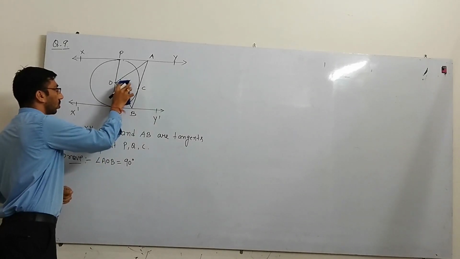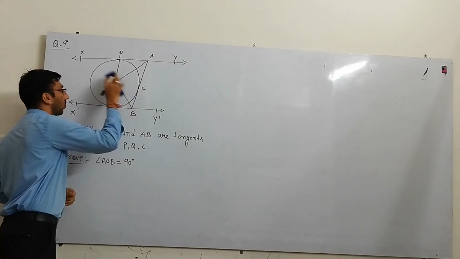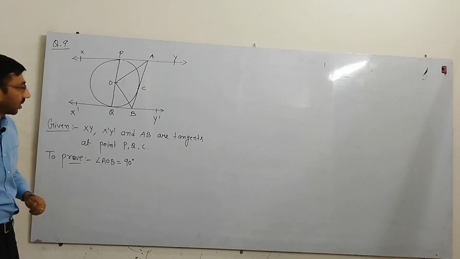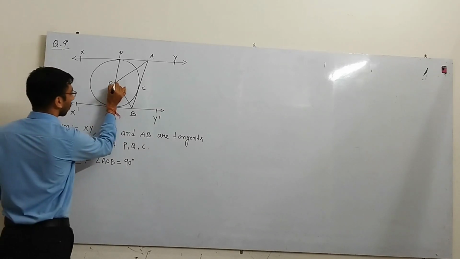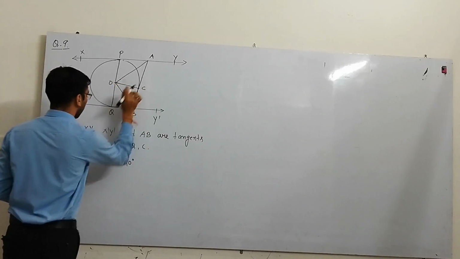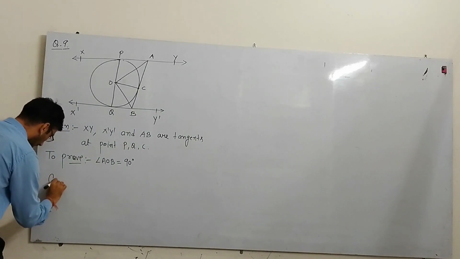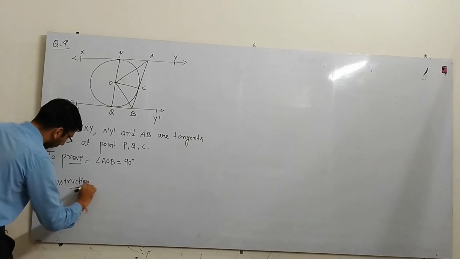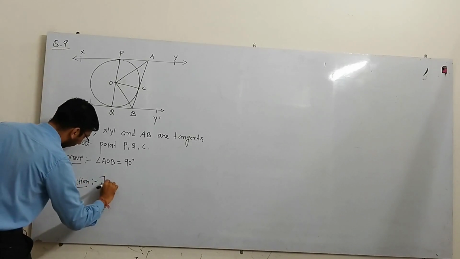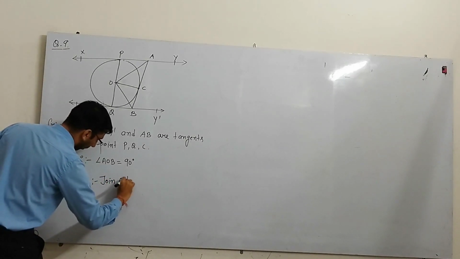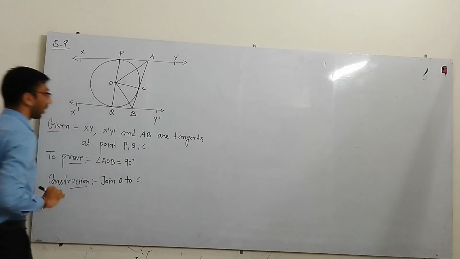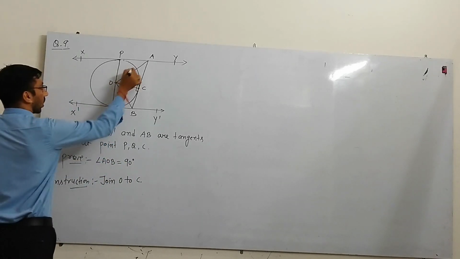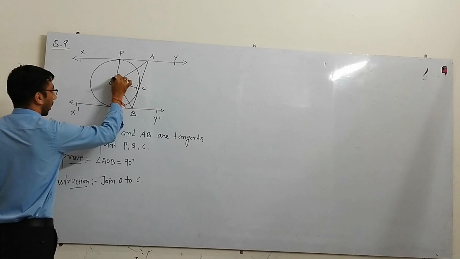So to prove this angle 90 degree, we need some construction. First we have to join O to C. So our construction is: join center O to point of contact C. If I join this, I get 4 parts.